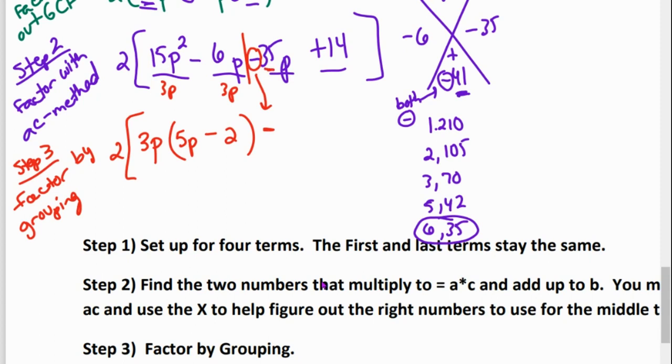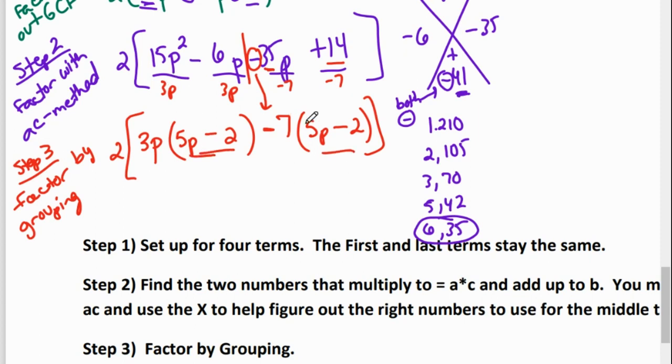Greatest common factor between 35 and 14. 7. But remember, it's a negative 7. So when you divide by negative 7, you're going to get 5p. Positive divided by negative is negative 2. So that sign changes so that we now have that binomial in common.